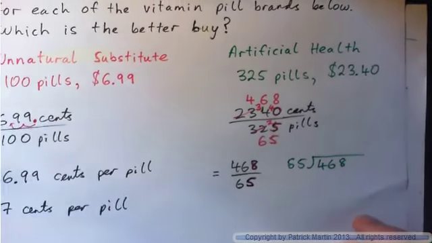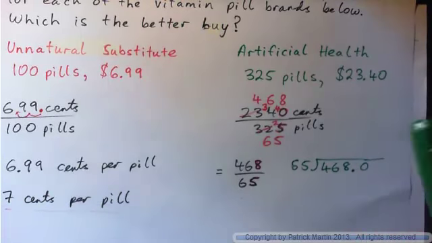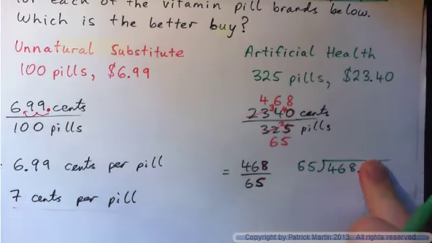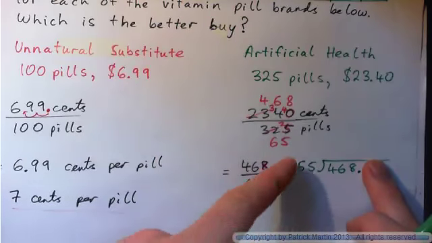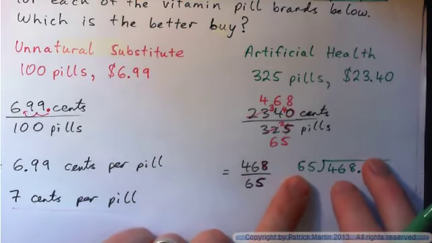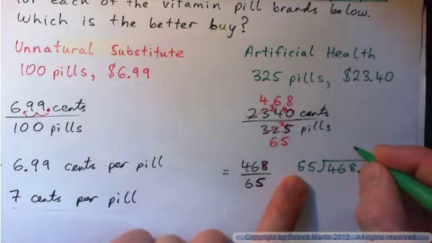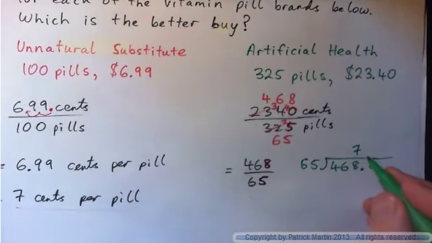We can stick on a 0.0 here too. 65 into 46 won't go. 65 into 468. Let's think of 65 as almost 7. 7 times 7 is 49, and it's less than 7, so I'm just going to guess 7 times and see what happens. If this doesn't work, I'll try something else.